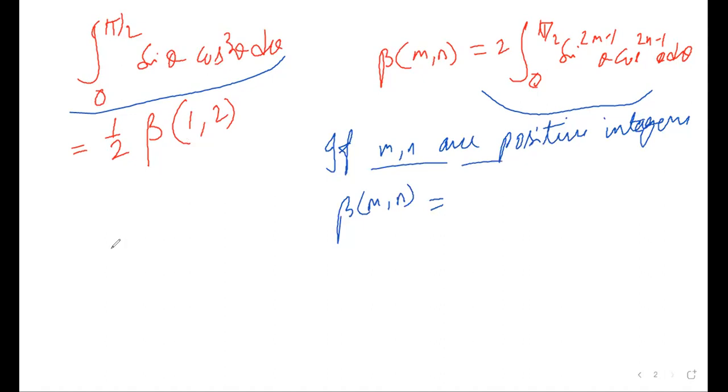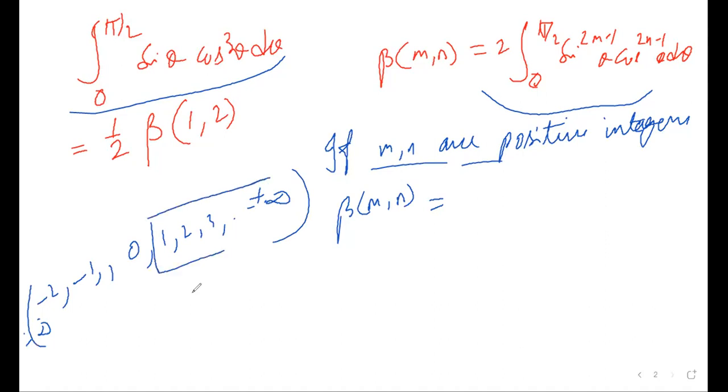You know, the set of all integers is like this: we have plus infinity and minus 1, minus 2 up to minus infinity. This is the set of all integers, and out of which this part is called the set of all natural numbers.